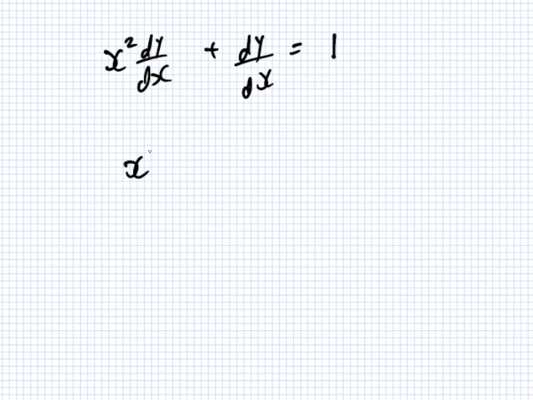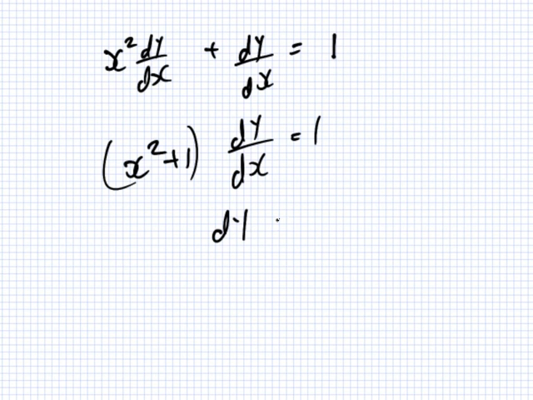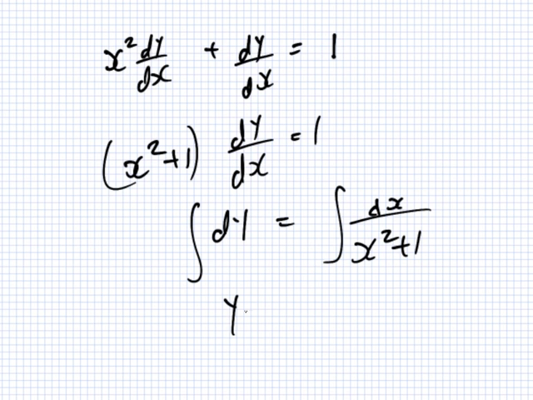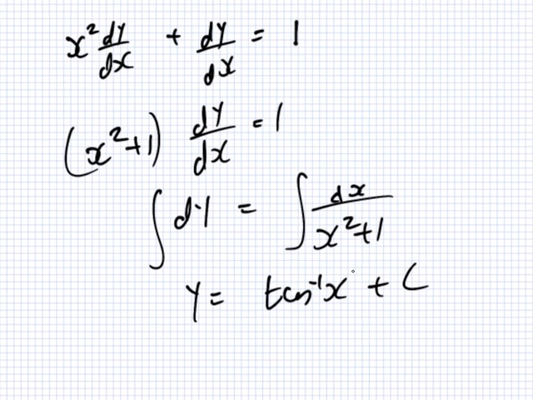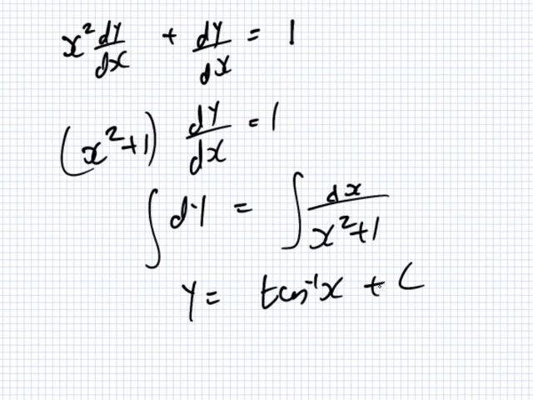Okay, I think a few of you realised what you should do first is take out the dy/dx. Good. And then simply cross multiply and integrate. And we have y equals tan inverse x plus c. When we integrate dy, we don't have to do the dy/dx. Now what do I tell you to find the c?